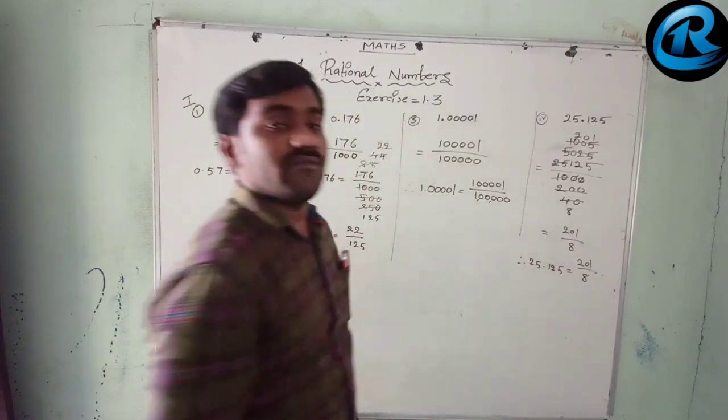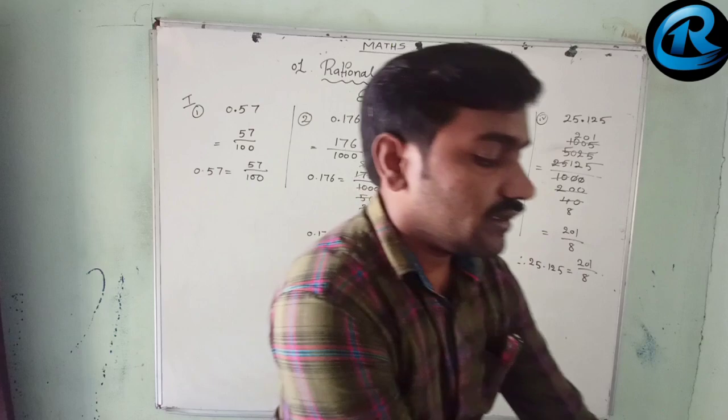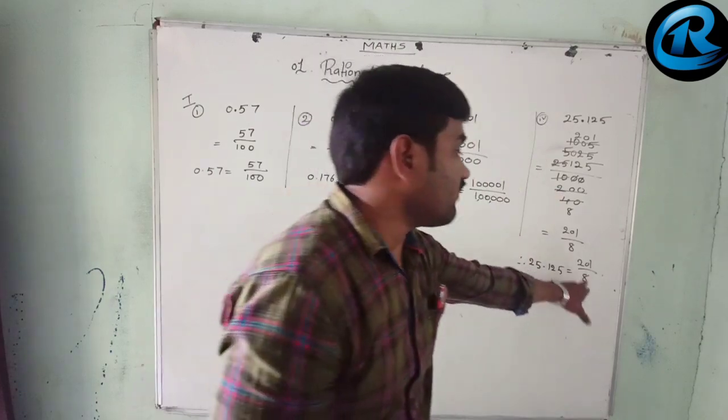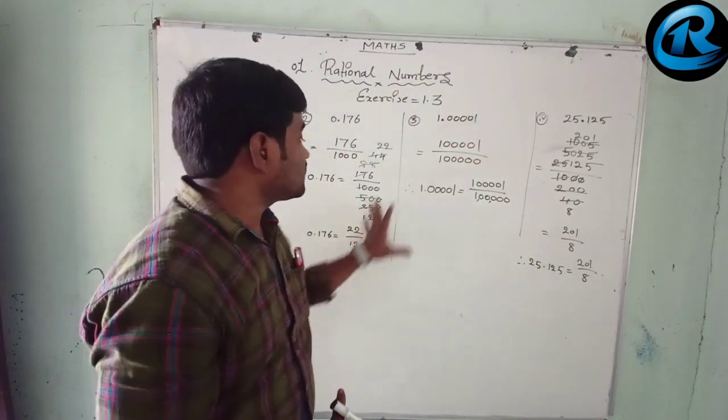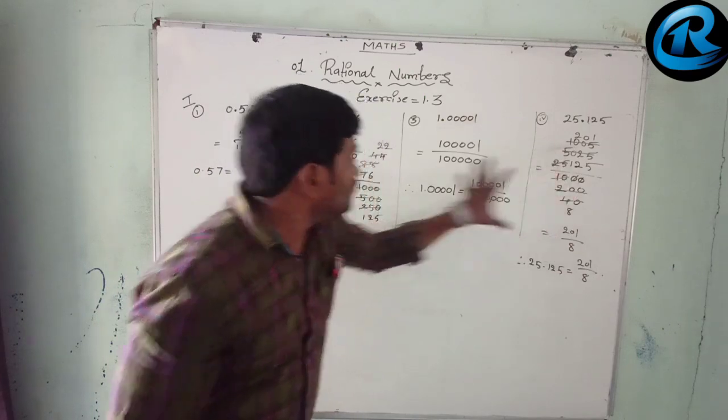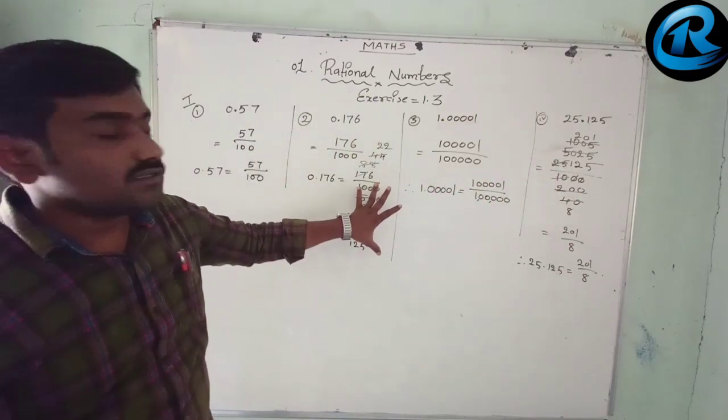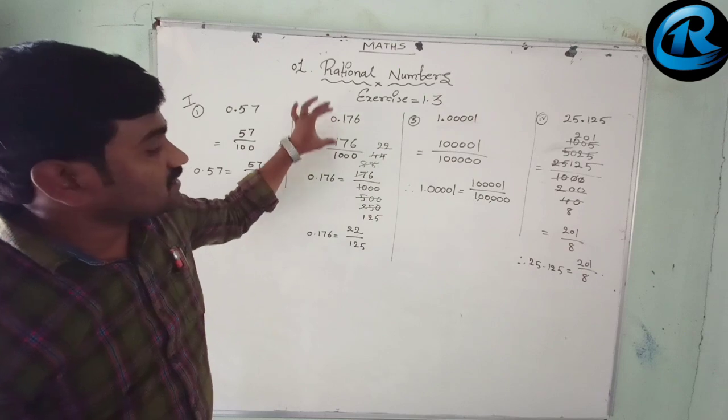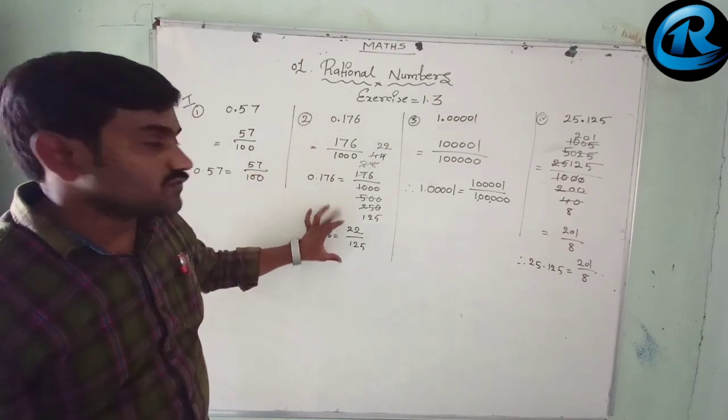We cannot cancel 201 by 8 again; we cannot simplify it further. We have to show the answer in the simplest form. When there is a possibility of cancellation, we have to cancel.